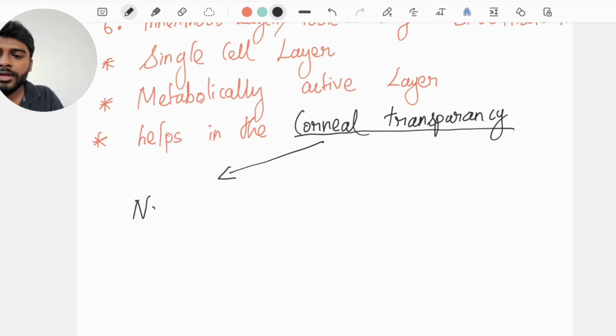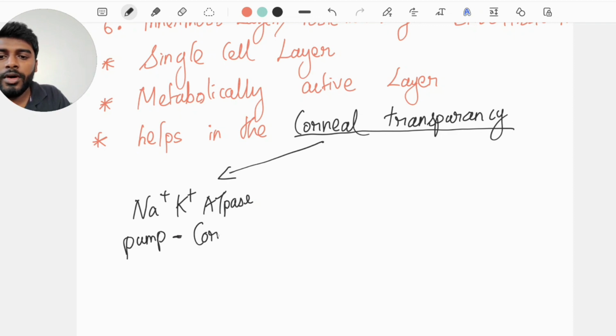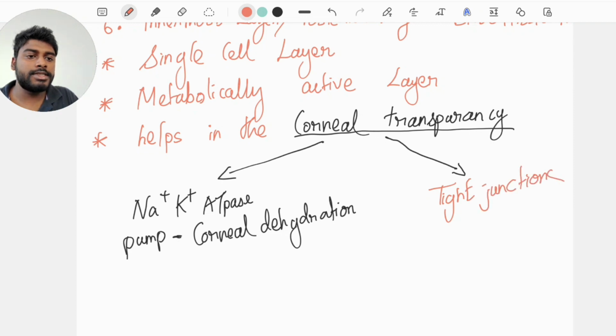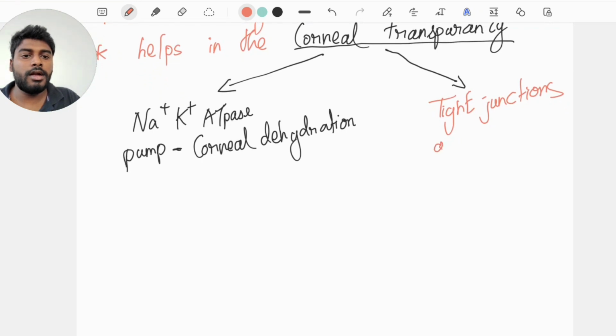First, the sodium potassium ATPase pump helps maintain corneal dehydration. Then another important main function is by maintaining the tight junctions between the adjacent endothelial cells.